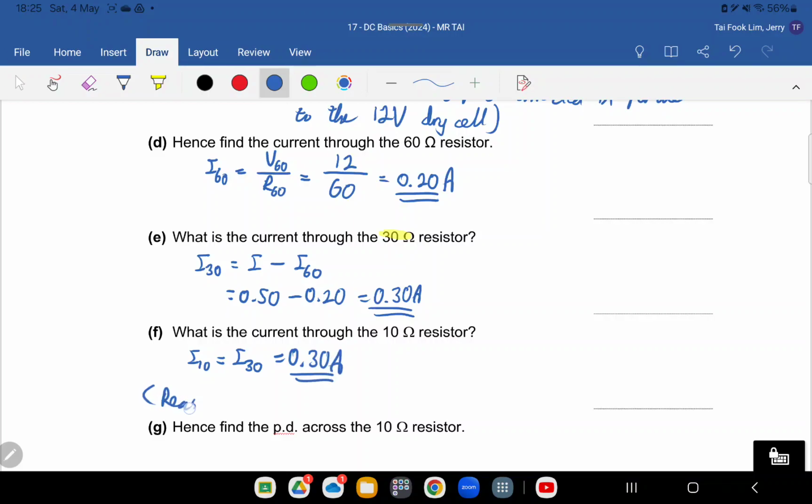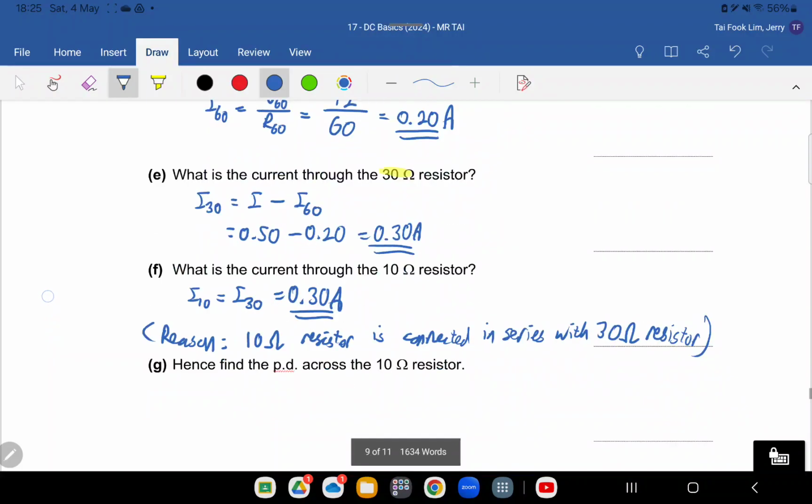If you are asked to talk about the reason, very simple. You just say that the 10 ohm resistor is connected in series with the 30 ohm resistor.